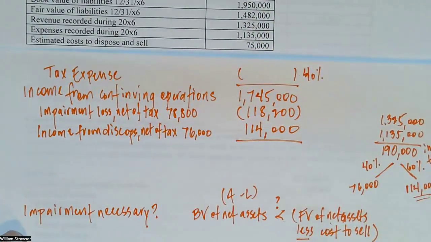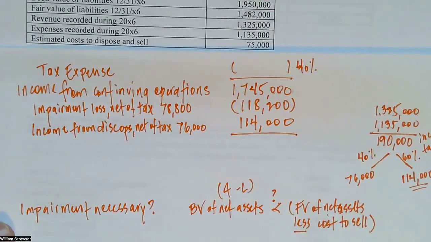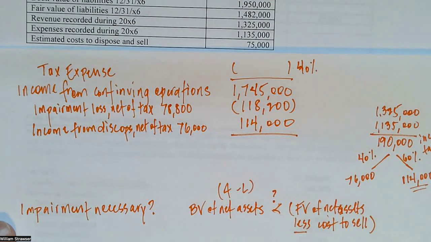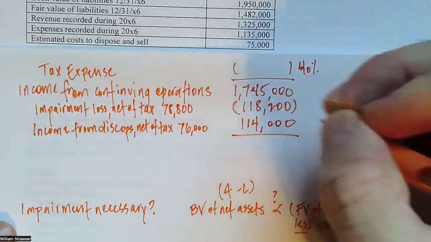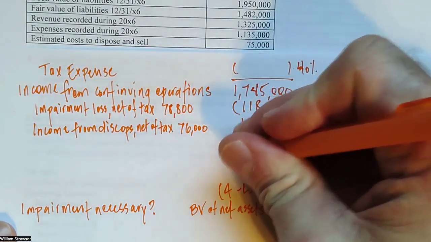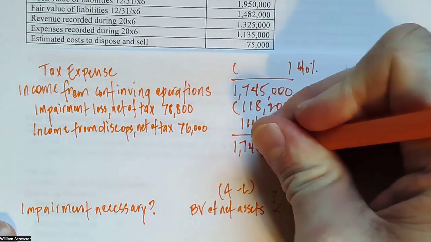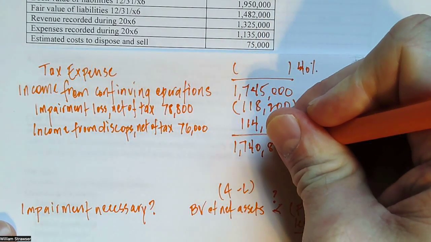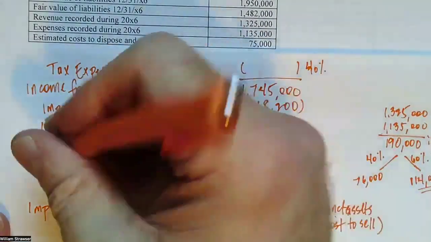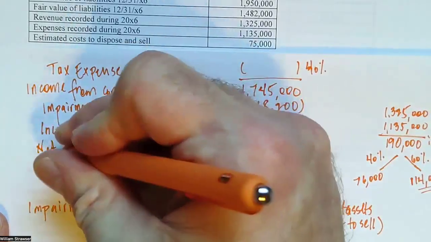And then I can combine those two things together, 1,745 less 118.2 plus 114. And that gives me 1,740,800. And that is net income.